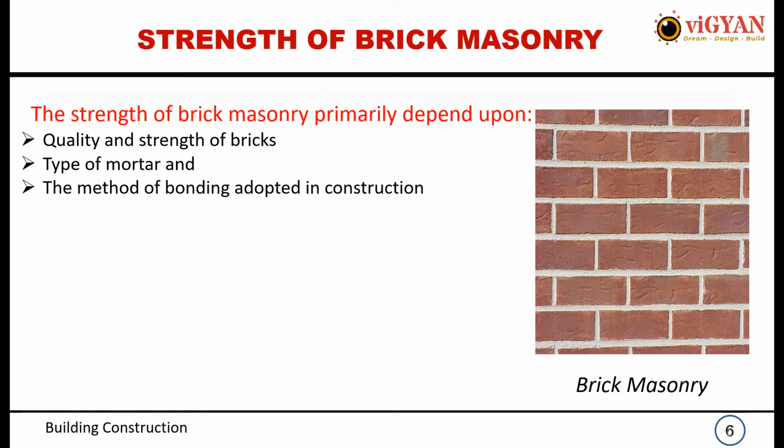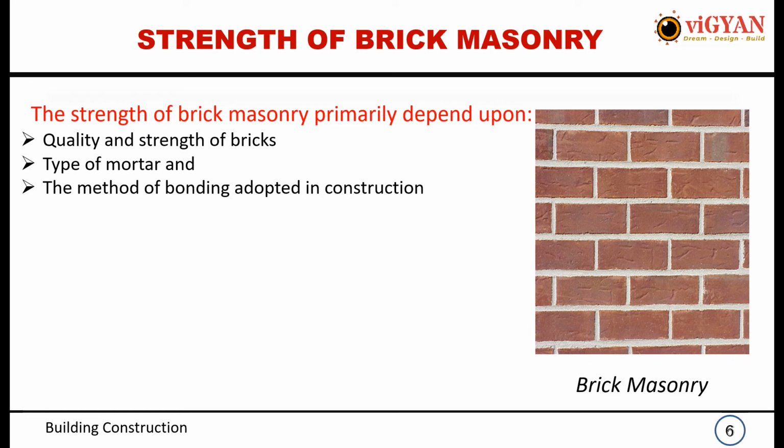Bricks form maximum volume in a brick masonry. Hence, the quality of bricks directly affects the strength of brick masonry. So one should use good quality bricks in construction of brick masonry walls: bricks having sufficient strength, proper or regular shape and sizes, and properly burnt bricks. Generally, the use of brick bats should be avoided.